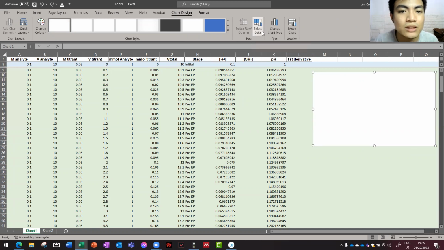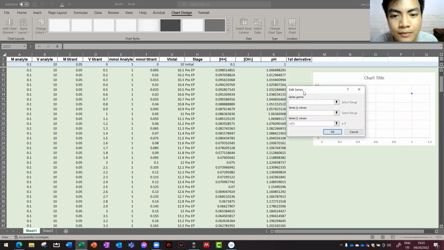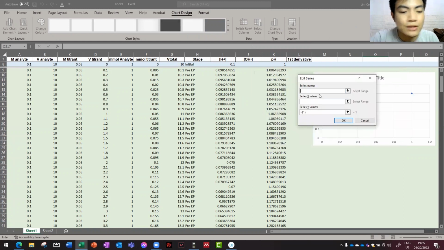Press this one, and then press add. Add entry. Let's say the series name is the pH. For the x values, which pertain to the x-axis of the curve, what's the x-axis of a titration curve?